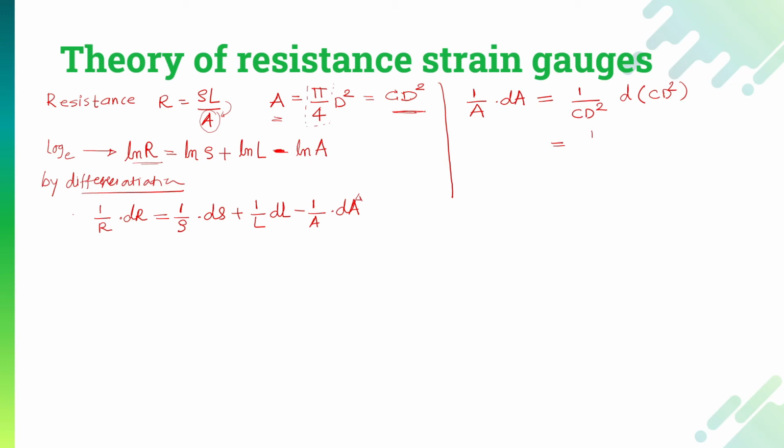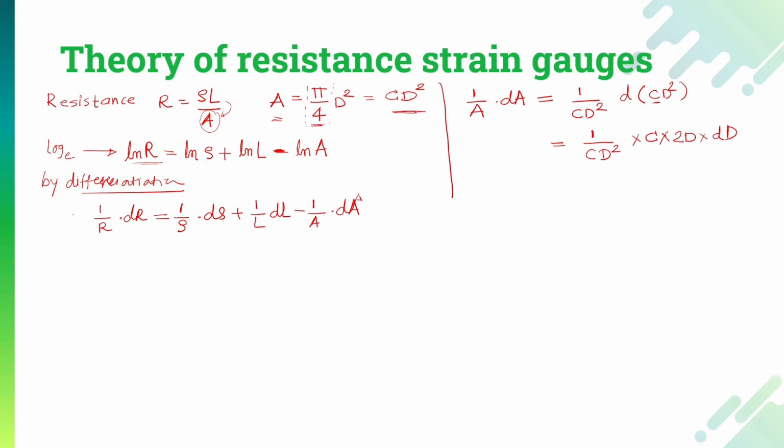That is equal to 1 upon C d square, which remains the same, multiplied by, over here C is basically pi by 4, which is the constant value. So I am going to put this C outside and I will do the differentiation of d square only. It will give us the value of 2 times d multiplied by the differentiation of d.